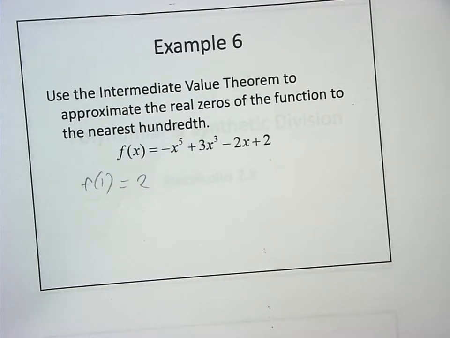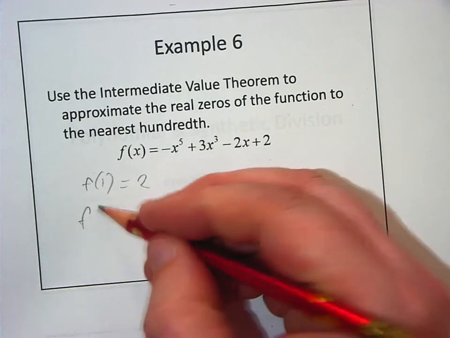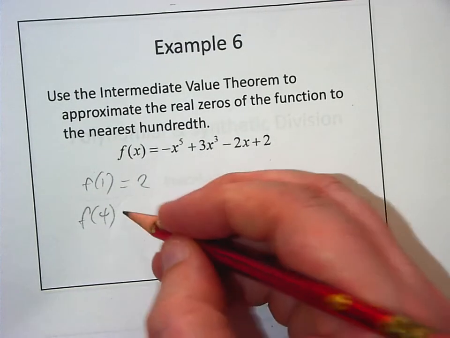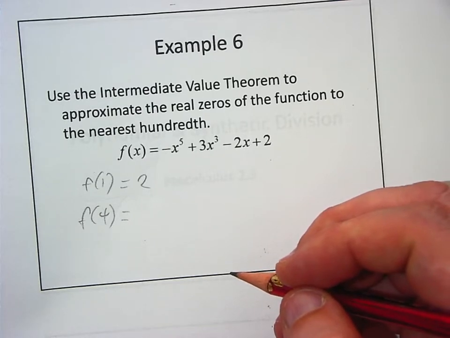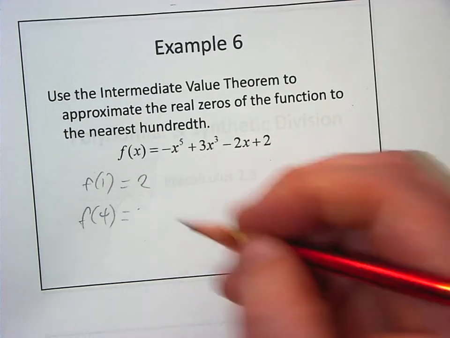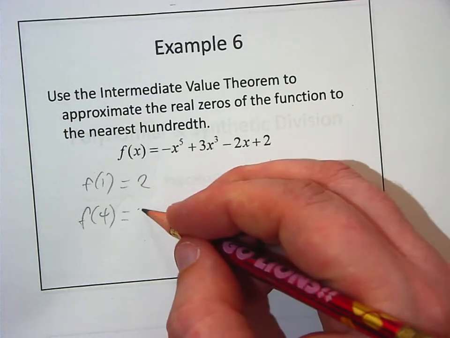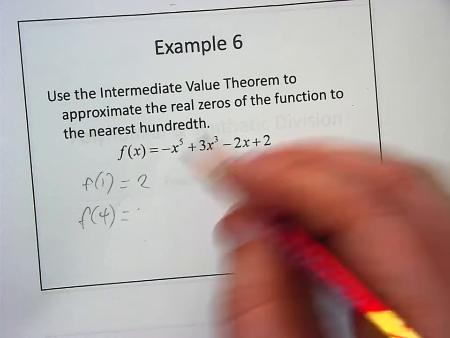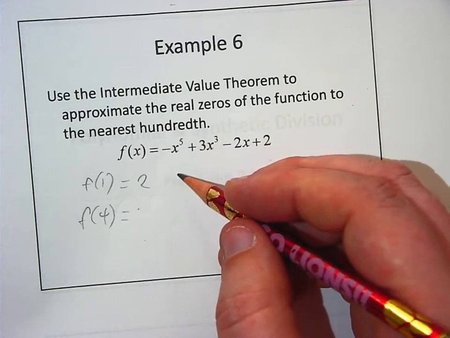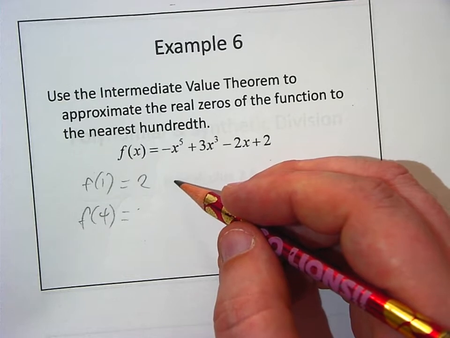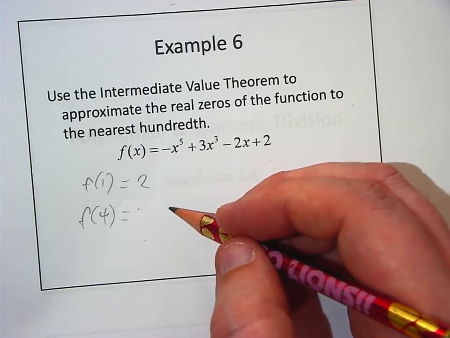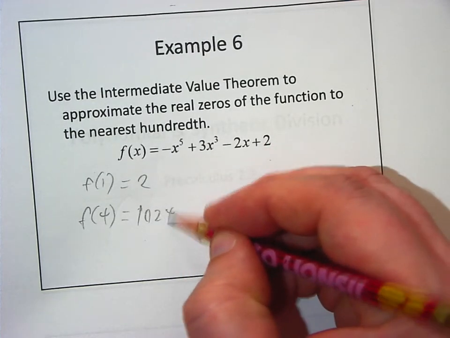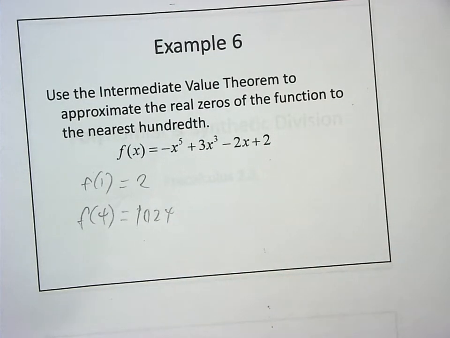So if I plug in a 4, what's 4 to the 5th power without the calculators? 4 to the 5th would be the same as 2 to the 10th, right? 2 to the 10th is 1024.